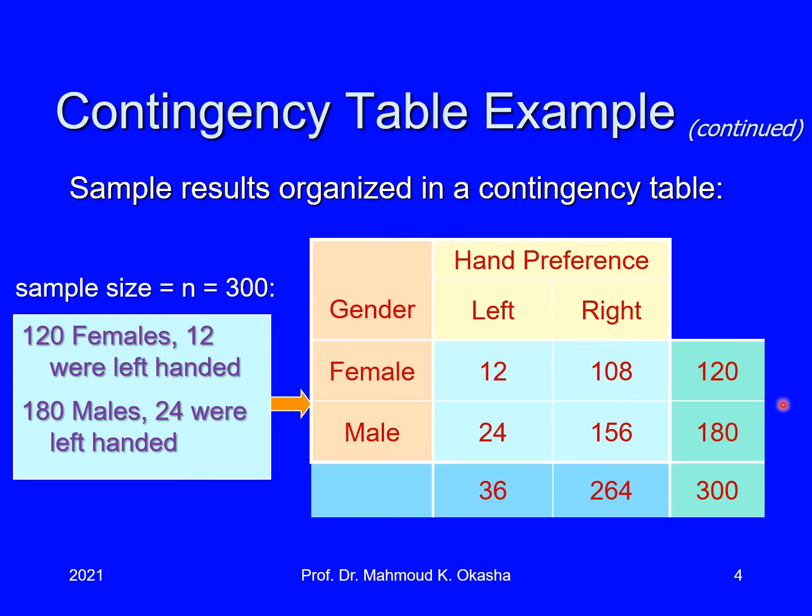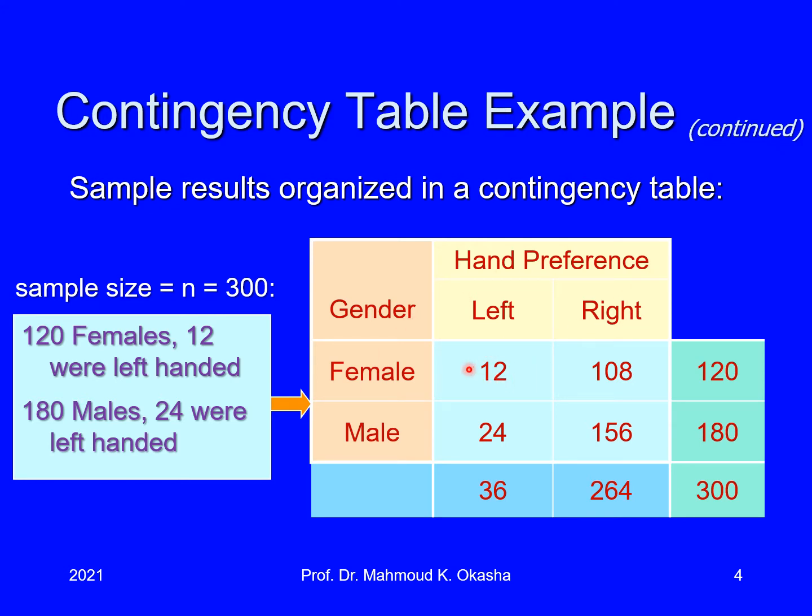The data, as we mentioned, is a cross-tabulation of sample data. So the sample results are organized in a contingency table of cross-tabulated data. It is like that. We have the table here, gender is male and female, and hand preference is left and right.